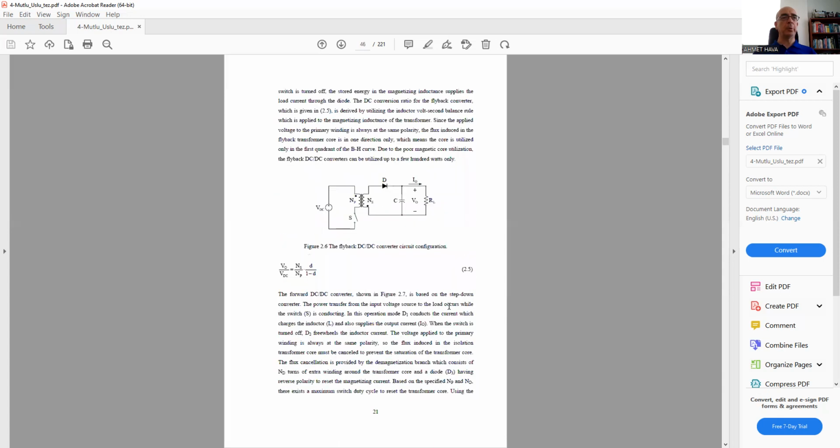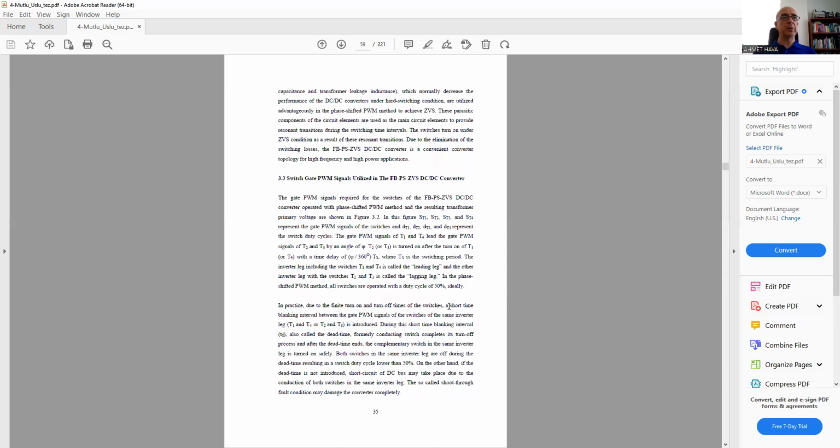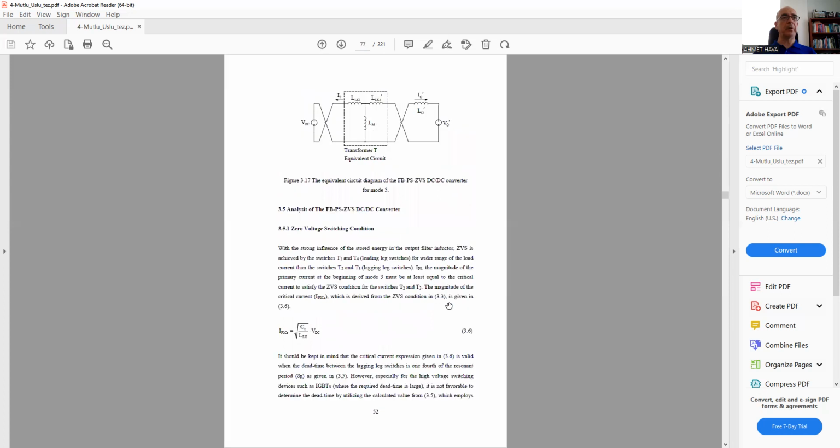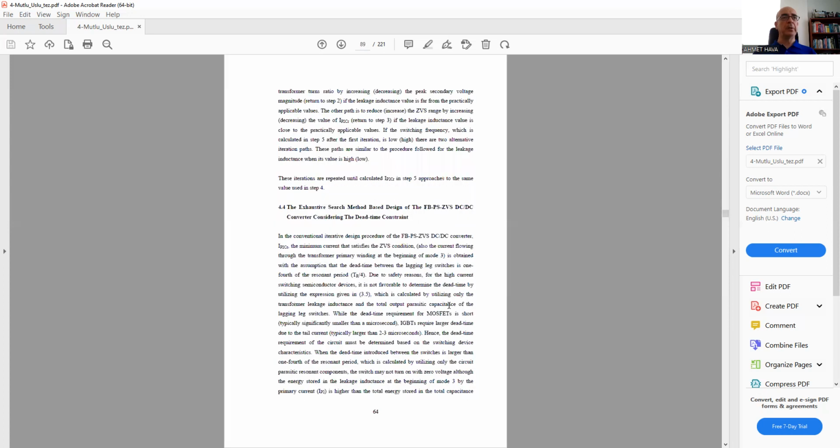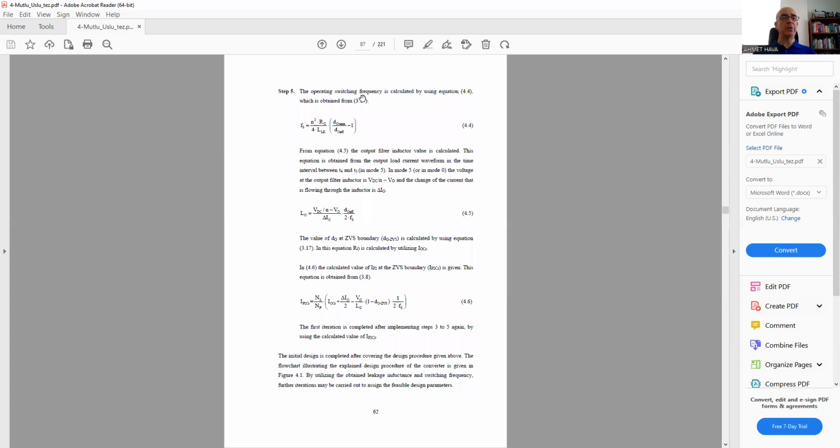I'm going to go through the document to a point where I can obtain another piece. Here we have equations. All the equations should have a number, and this number should be numbered according to the chapter.